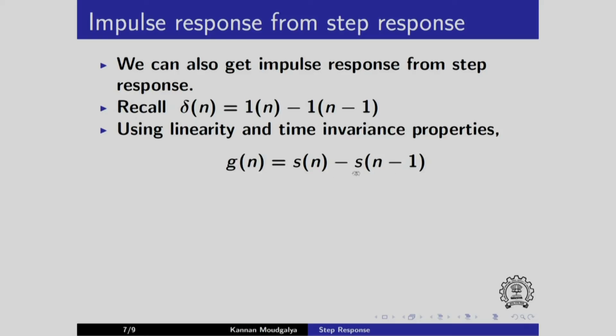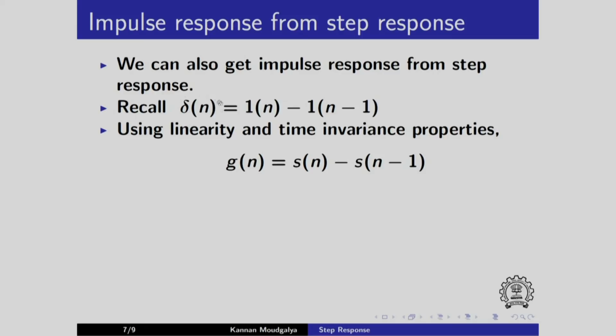I use the same S because it is time invariant. I use the same combination, namely this is subtracted, I subtract this also because it is linear, and this is G of n.